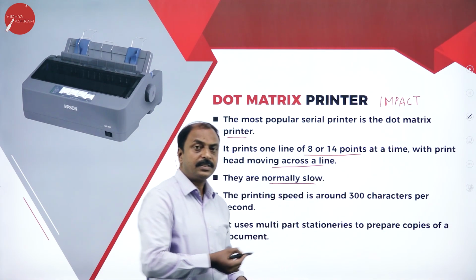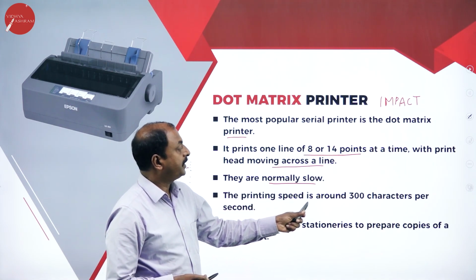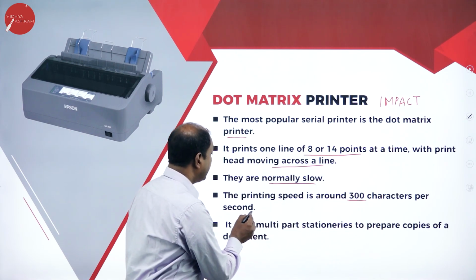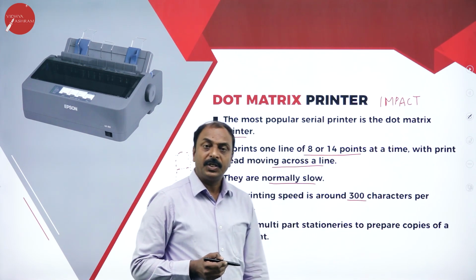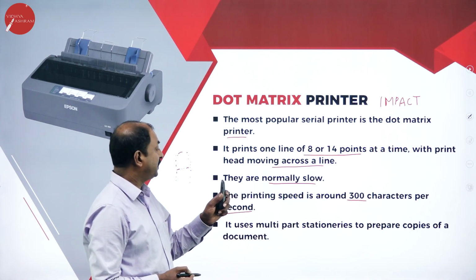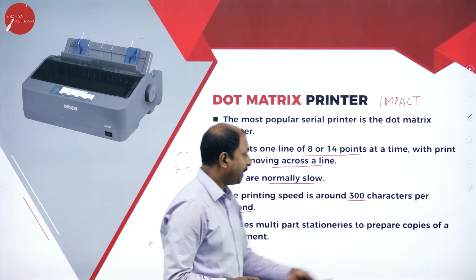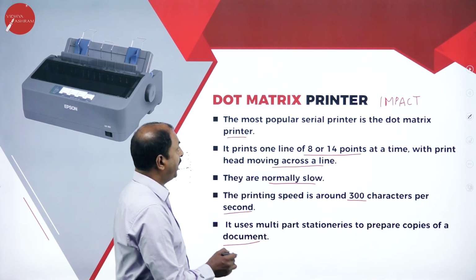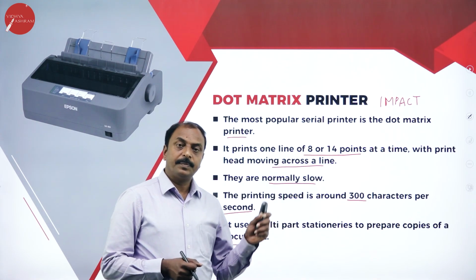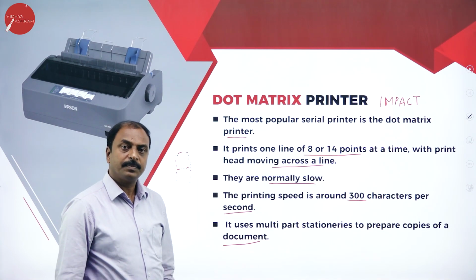Dot matrix printers are very slow, and the printing speed is around 300 characters per second. It uses multiple stationery to prepare copies of a document, and as this is an impact printer, it is possible to have multiple copies of the document. So this is the dot matrix printer.